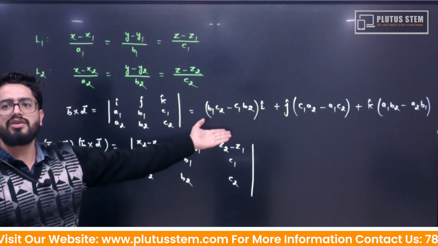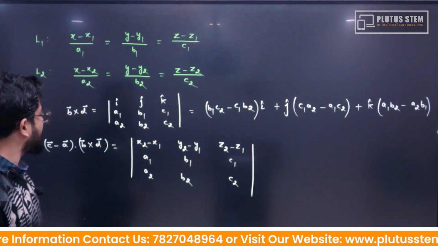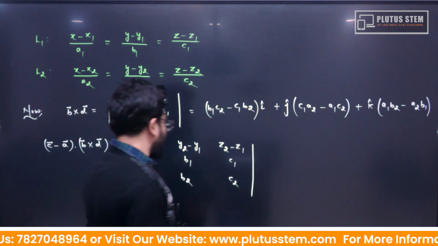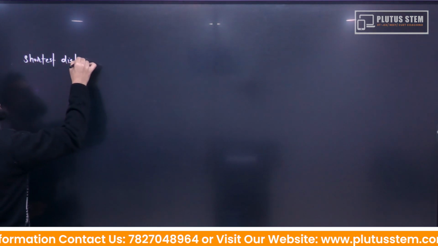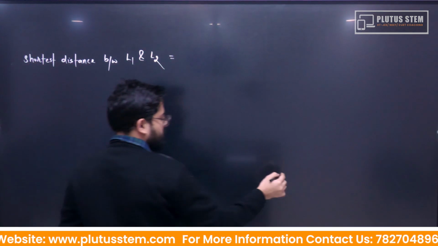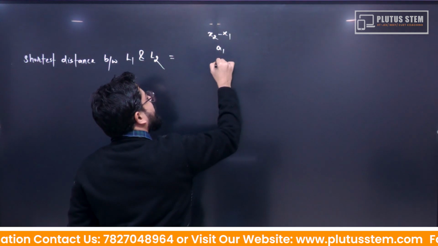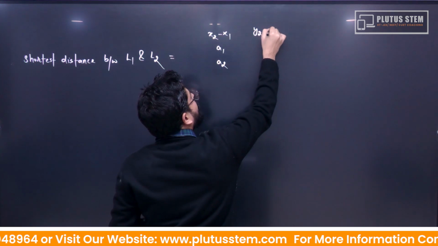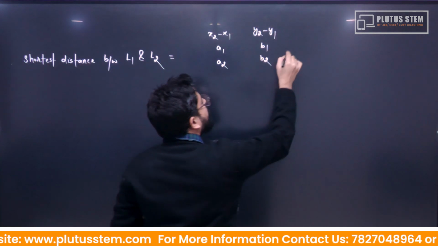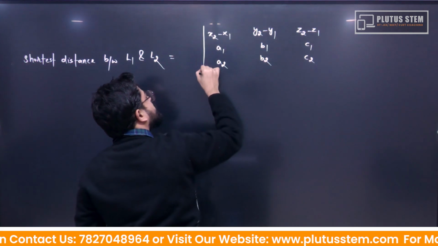And now the modulus of B cross D, you can calculate it: square of this plus square of this plus square of this, and the whole under root. That is the modulus of B cross D. So you can find the shortest distance between L1 and L2, which is the determinant x2 minus x1, A1 A2, y2 minus y1, B1 B2, z2 minus z1, C1 C2.